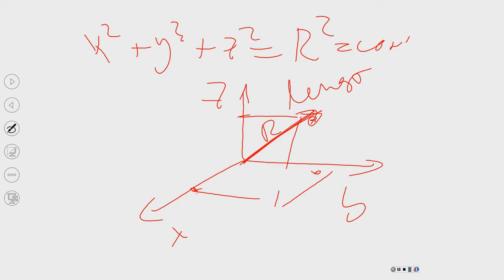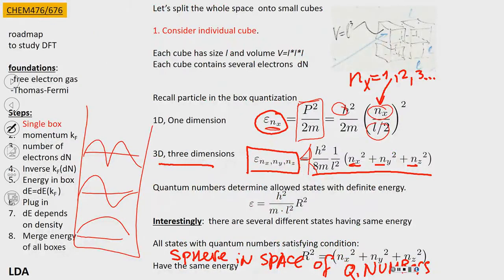Mathematically, each point that is offset from the origin by a fixed length. A sphere. Yes, perfect. Sphere. So we can think about a sphere in this space of quantum numbers.